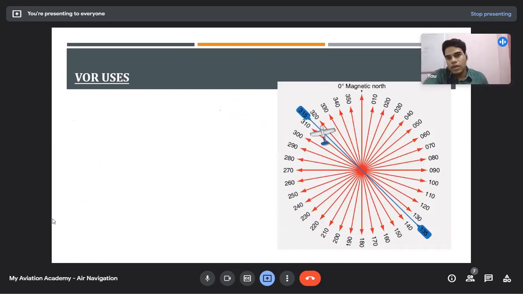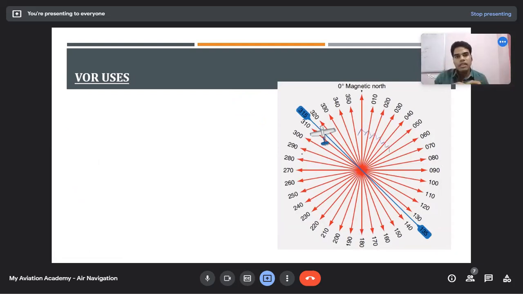How is the VOR? Suppose this is my VOR in the center. Assuming the VOR is in the center, and I have multiple ropes, all these are ropes I am sending in all directions, from 000 to 360.